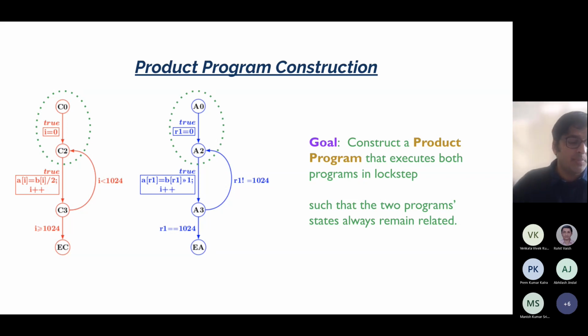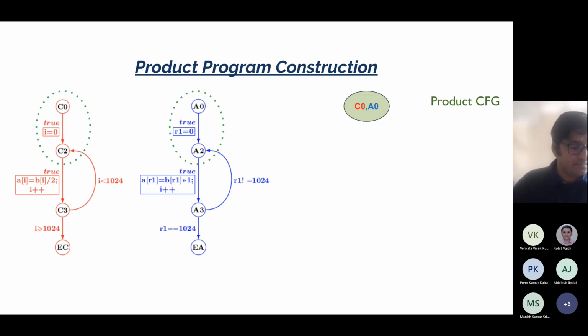The correlations are also represented using a control flow graph that represents the lockstep execution of the two programs. The entry node of this control flow graph, C0A0, represents the condition that the first program is at PC C0 and the second program is at PC A0. We call this control flow graph on the right the product CFG. Further, edges are added to the product CFG that encode the correlations.